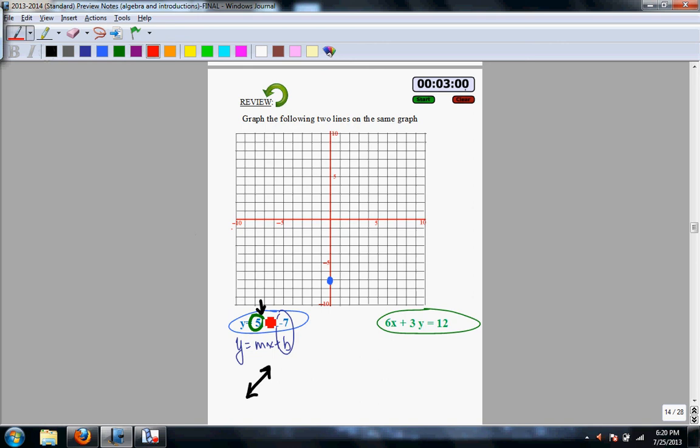My run is 3. So I'm going to rise 5: 1, 2, 3, 4, 5. And I'm going to run 3: 1, 2, 3. I could have dropped 5 if I wanted to: 1, 2, 3, 4, 5, and gone over 3 this way: 1, 2, 3. If you notice, you'll end up with the exact same line. So this blue line is our first one.